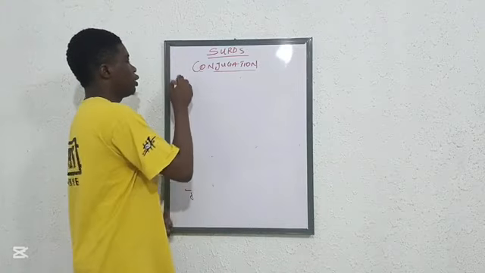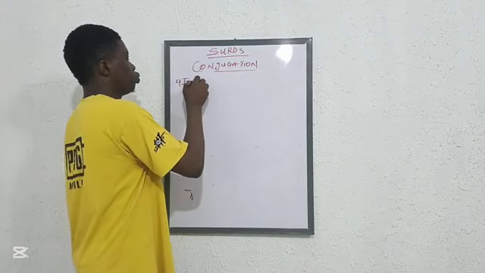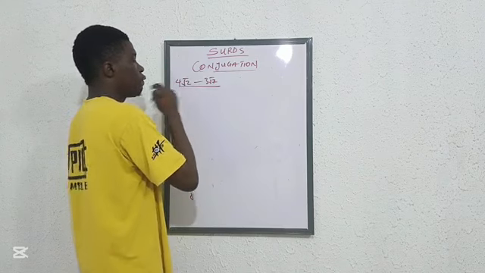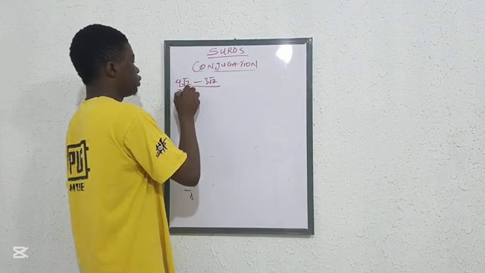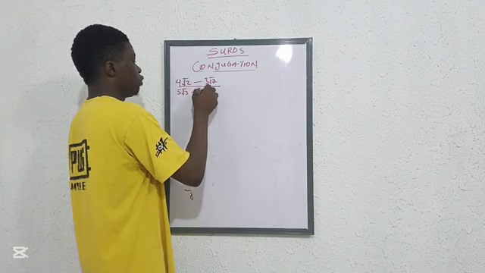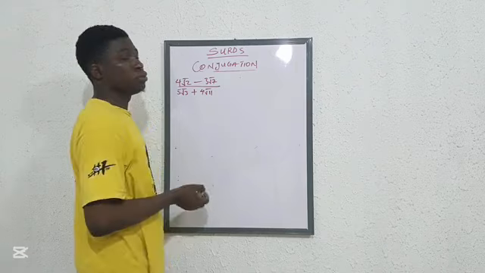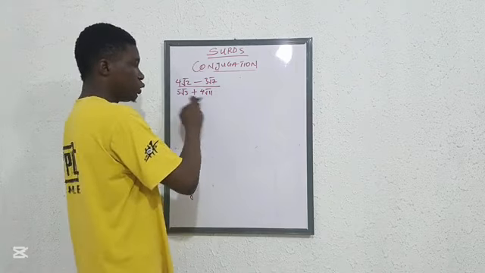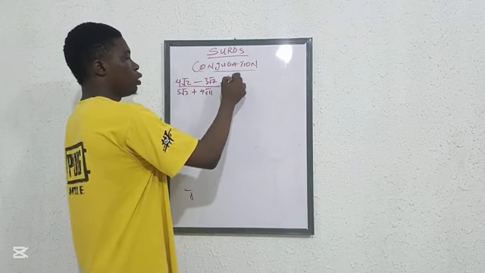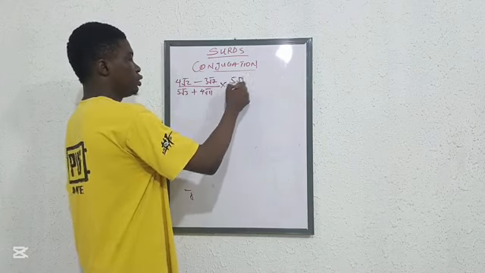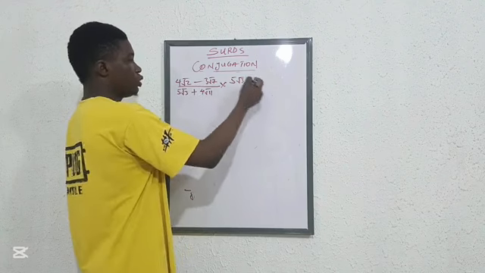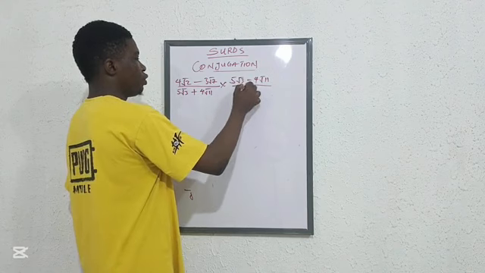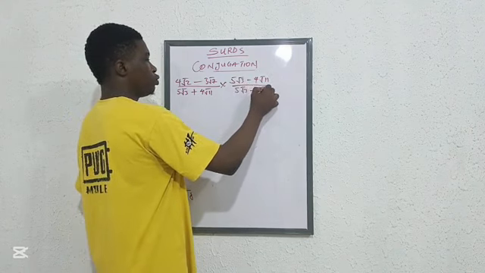So if we have a question like 4 root 2 minus 3 root 7 over 5 root 3 plus 4 root 11, right? Now the conjugation of this, we're going to rationalize with the conjugate of this. So what do we do? 5 root 3 minus, because it's plus, so we're changing to minus 4 root 11 over 5 root 3 minus 4 root 11.